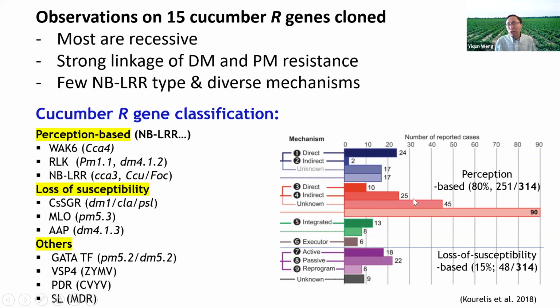Of all the genes cloned so far, 80% belong to the perception-based NBS-LRR, receptor-like kinases, receptor-like proteins, and 15% belong to the loss of susceptibility. So if we compare cucumber with those in other plants, you can see the distribution is very different. That's why I say there's something special, but why?